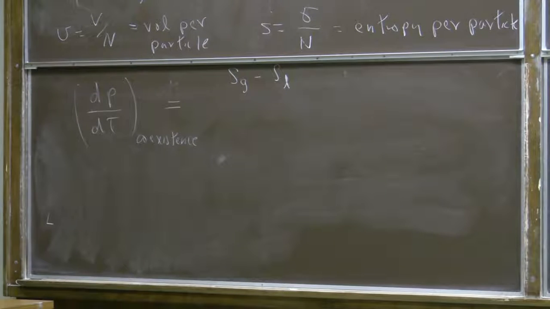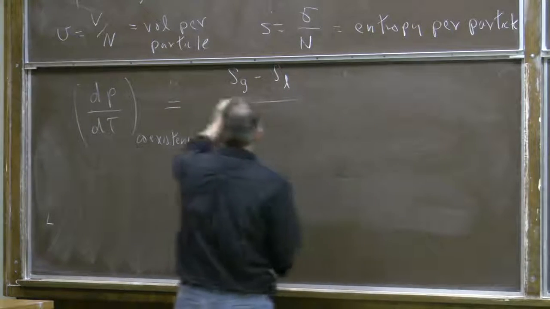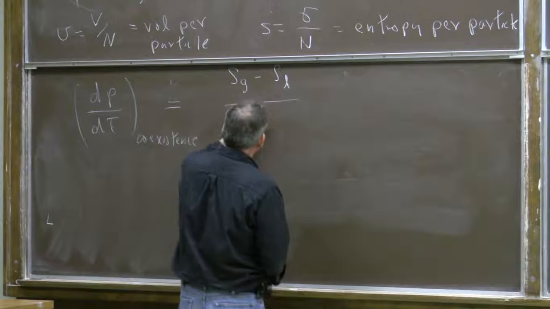Because of the minus sign in sigma equals minus derivative of G with respect to tau, the sign here got flipped. And then here I'll have the volume per particle in the gas minus the volume per particle in the liquid in the denominator.